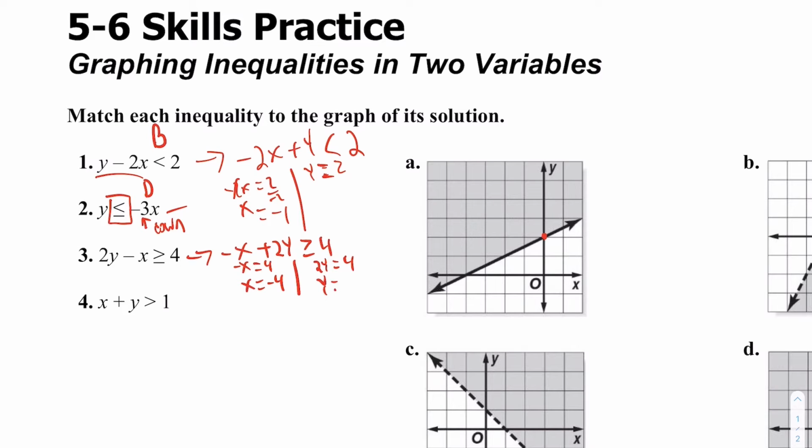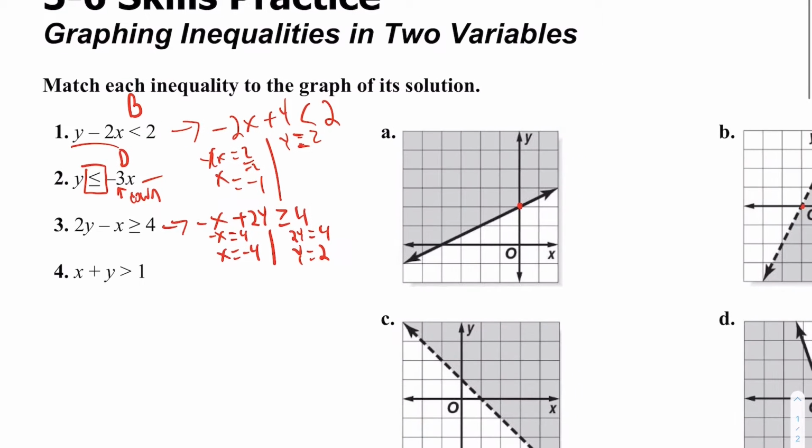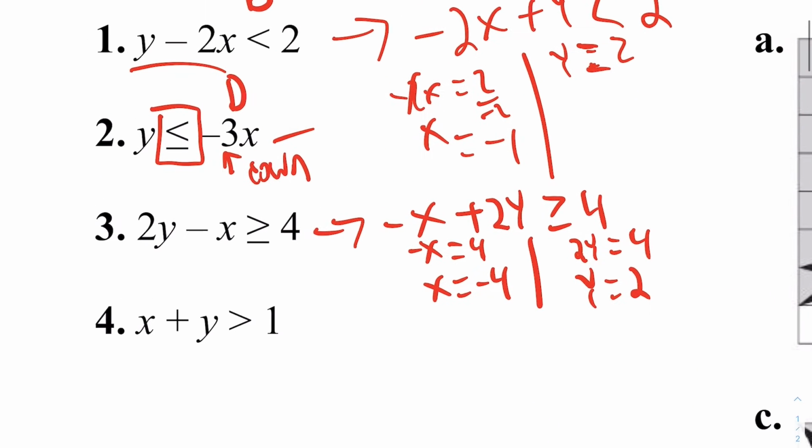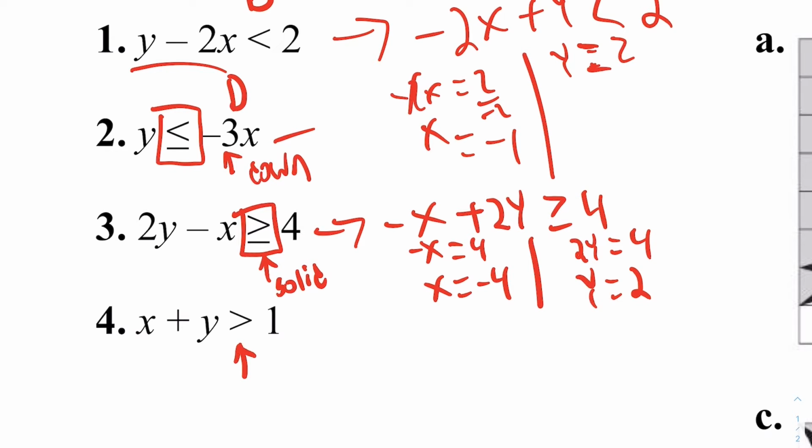That means y is equal to 2. So I should be able to find a y-intercept of 2 and an x-intercept of negative 4. And I think that's letter A. It looks like it. We see a solid line for answer choice A. Let's make sure. Number 3 does have or equal to, so it is a solid line. This means solid line. This would mean dashed line.